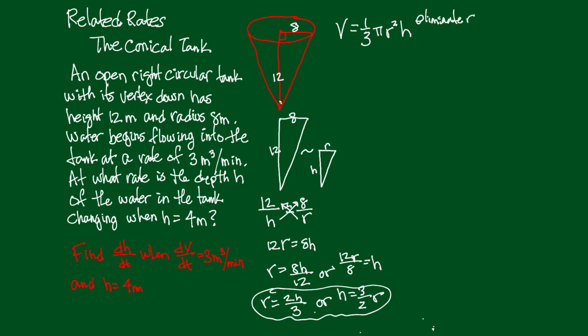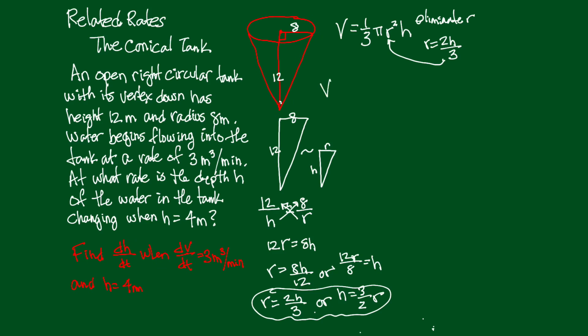So I'm going to come down here, and I'm going to say, okay, r is equal to 2h over 3. So let's put the 2h over 3 in for r. Since r is equal to 2h over 3, let's put that in right here.